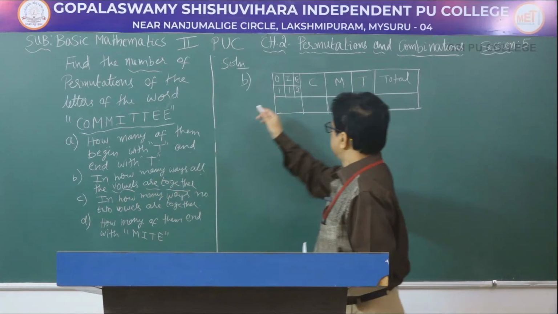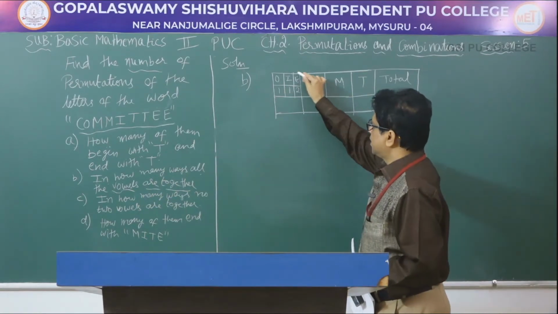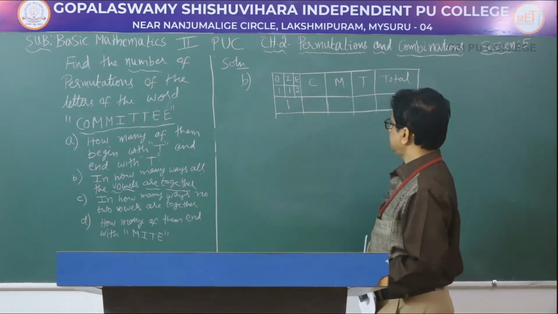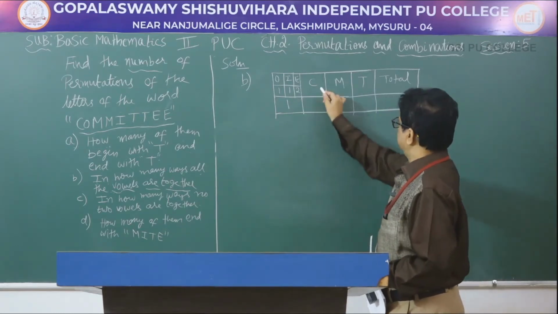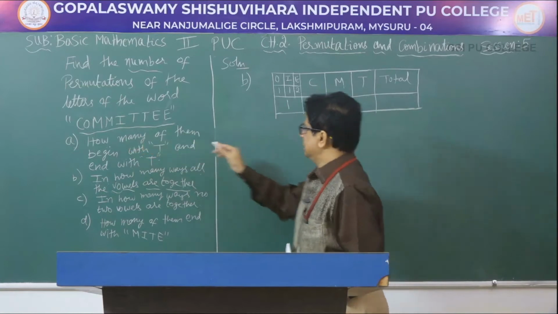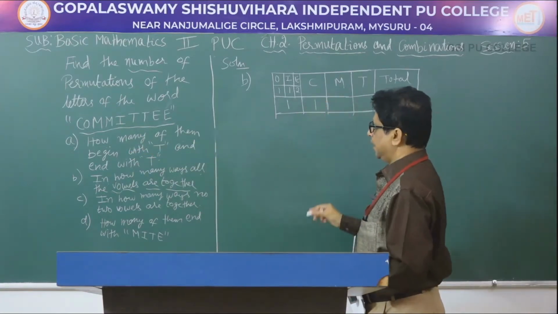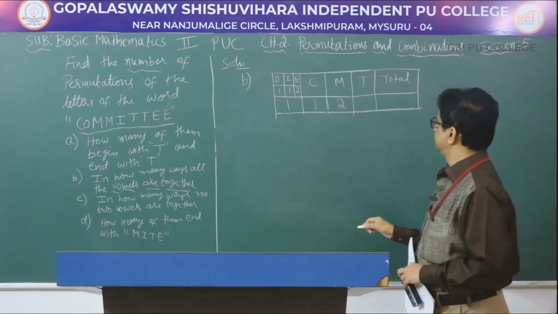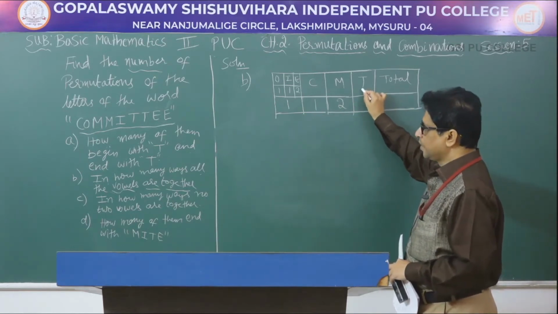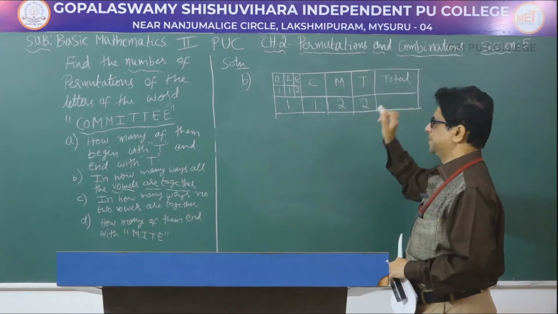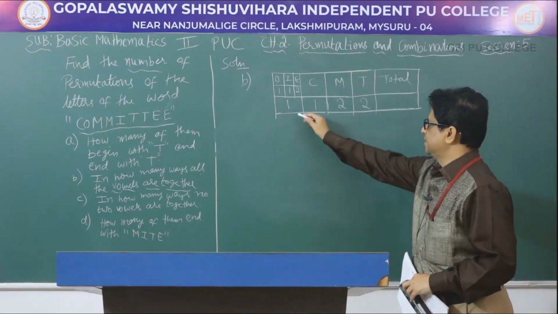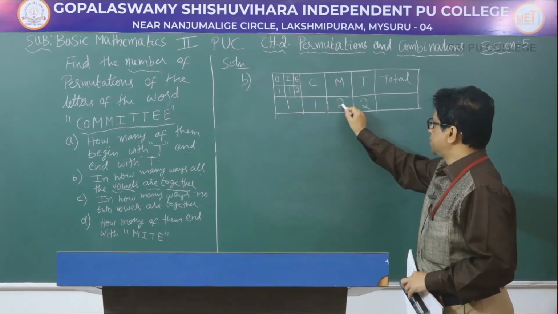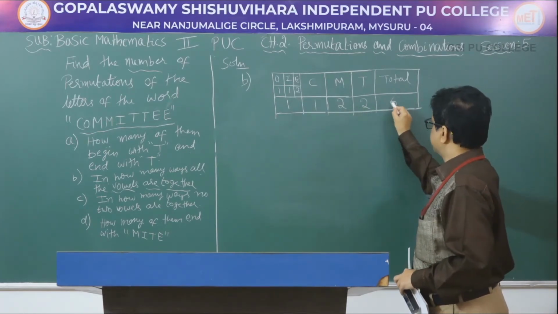So, consider the 4 vowels as one unit. And there is one C and 2 M's and 2 T's. So, total number of units are 1 plus 1, 2 plus 2, 4, 4 plus 2, 6.